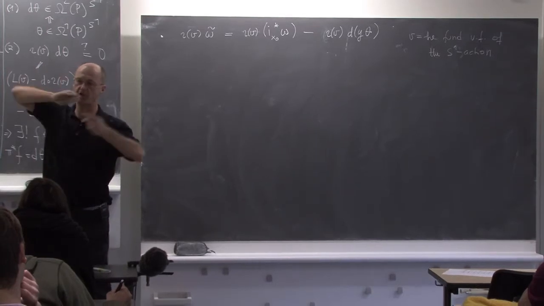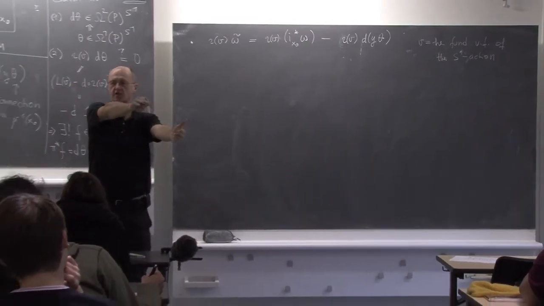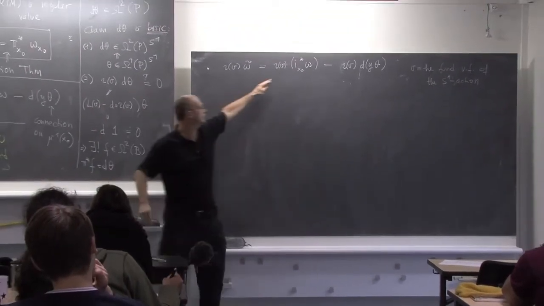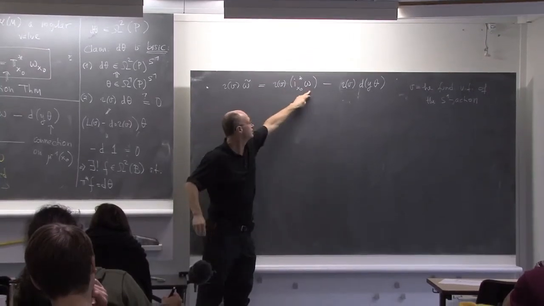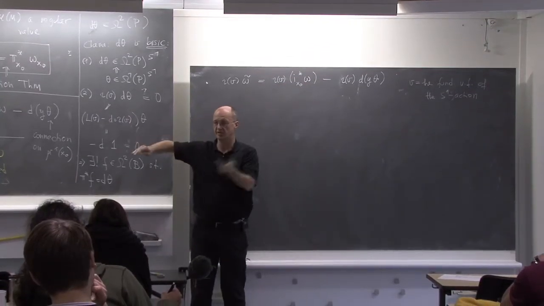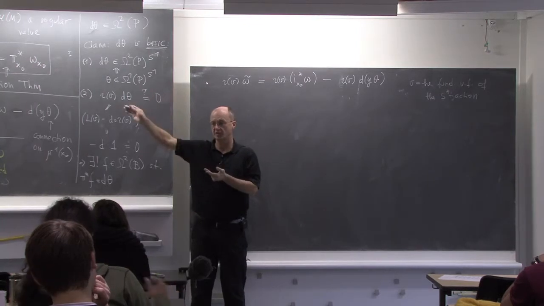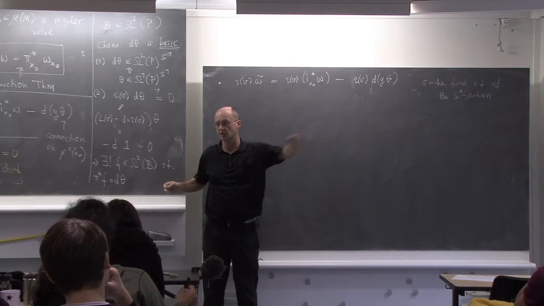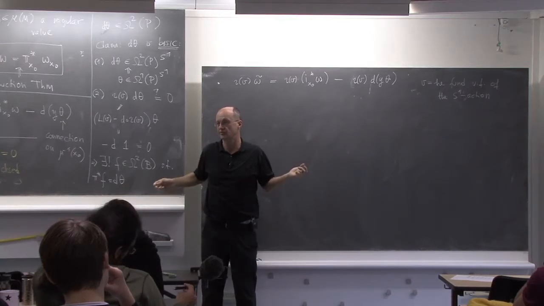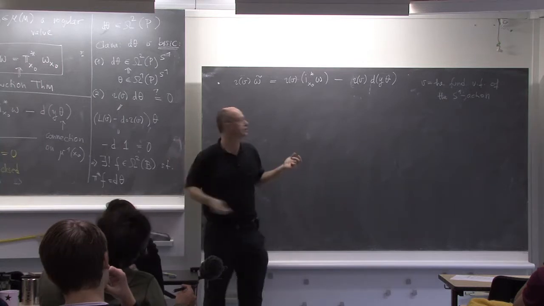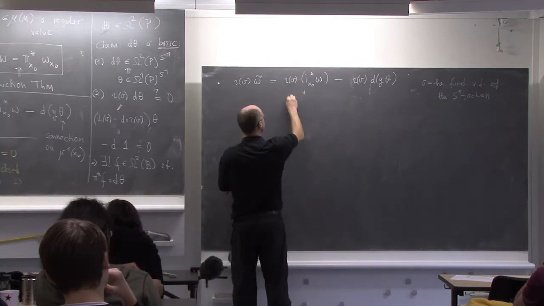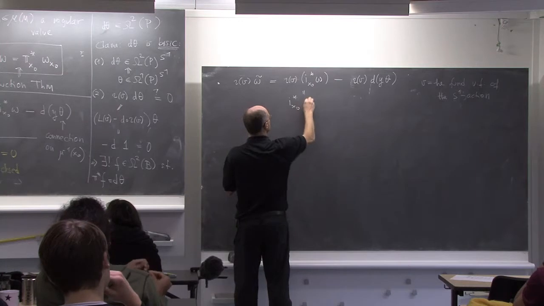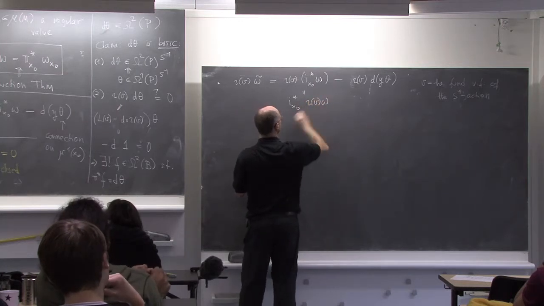You have a submanifold embedded somewhere, so this v better be tangent. The S1 action better be tangent to your submanifold, but it is. The moment map is S1 invariant. So this is i x naught star iota v omega.